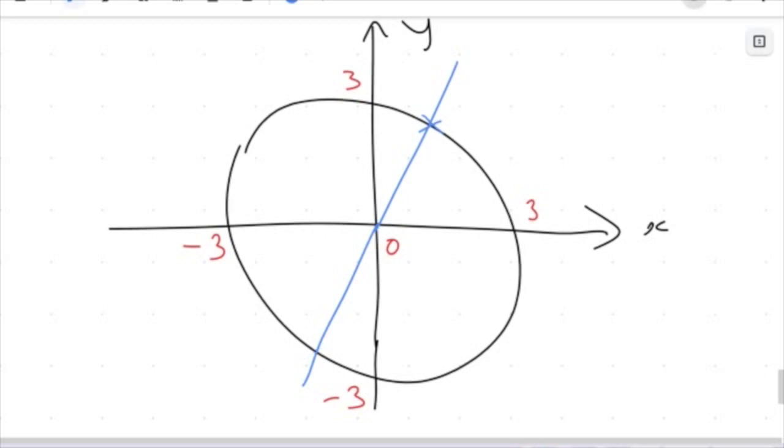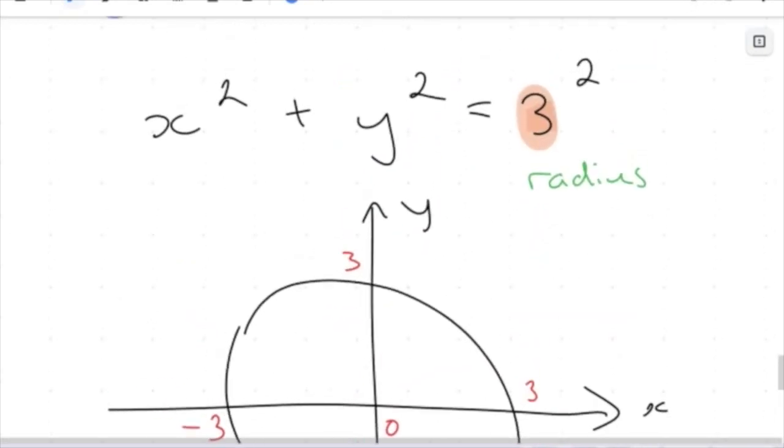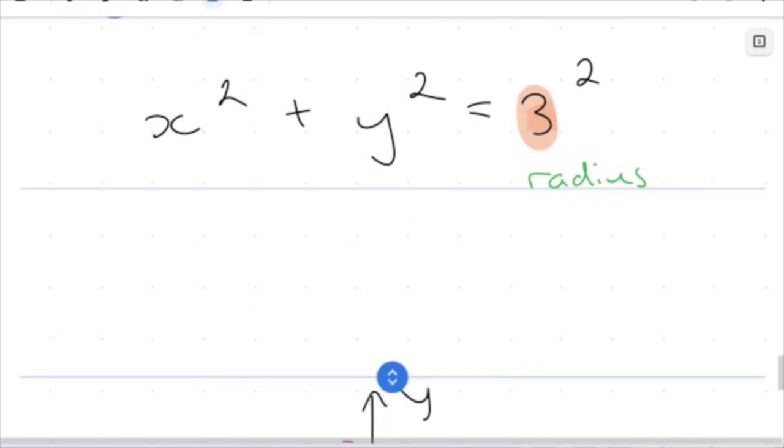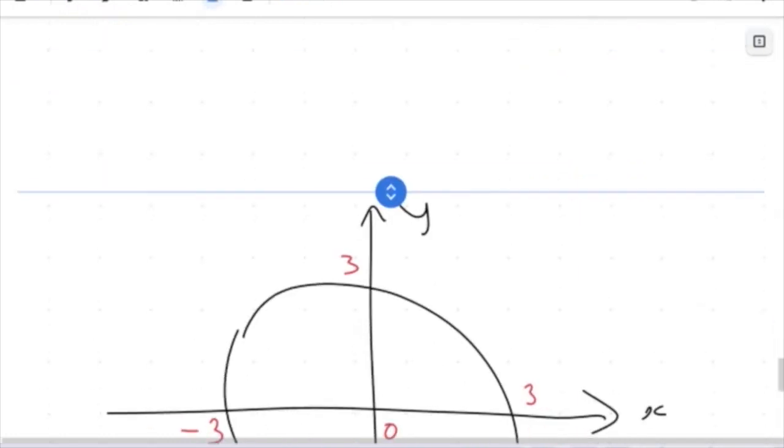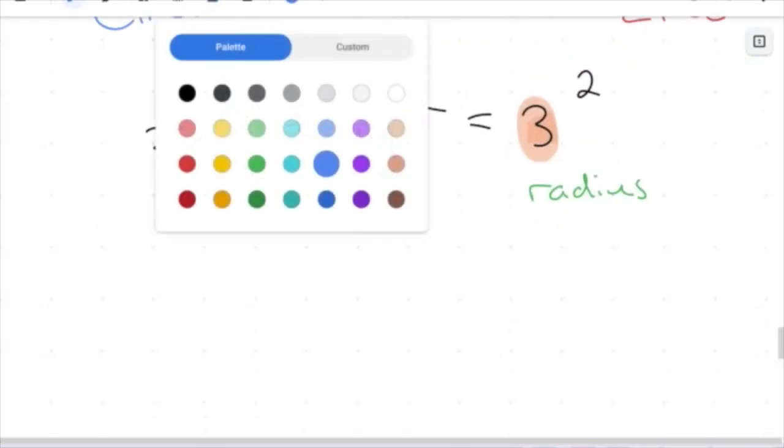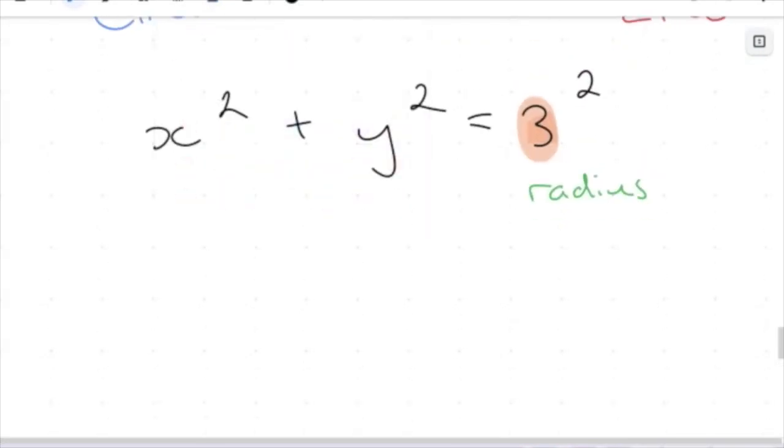But let's leave this as it is, and we're going to work through finding what these exact points are. So to find intersection points, remember we are solving pairs of simultaneous equations. So we have x squared plus y squared equals 9 as my first one.